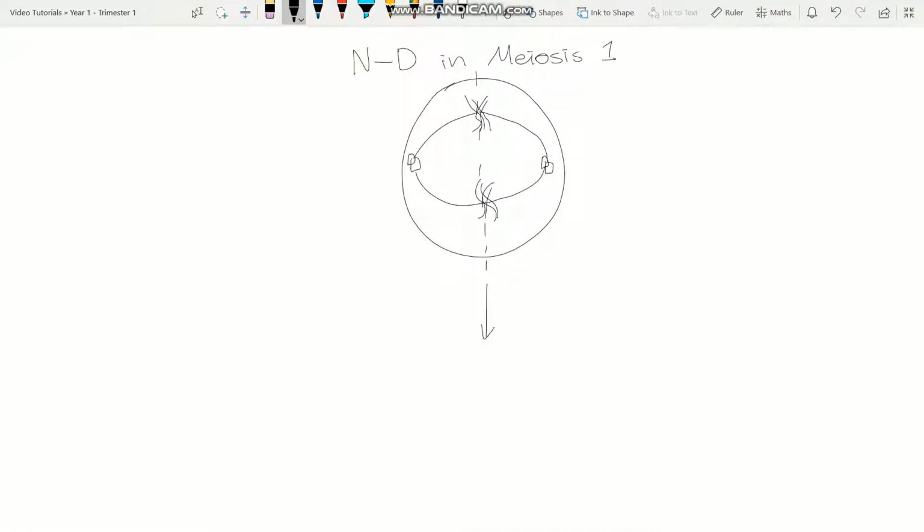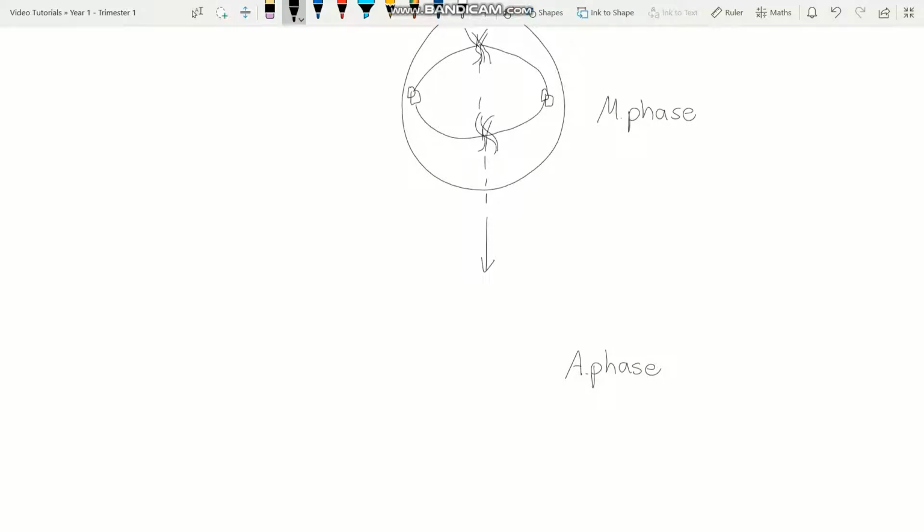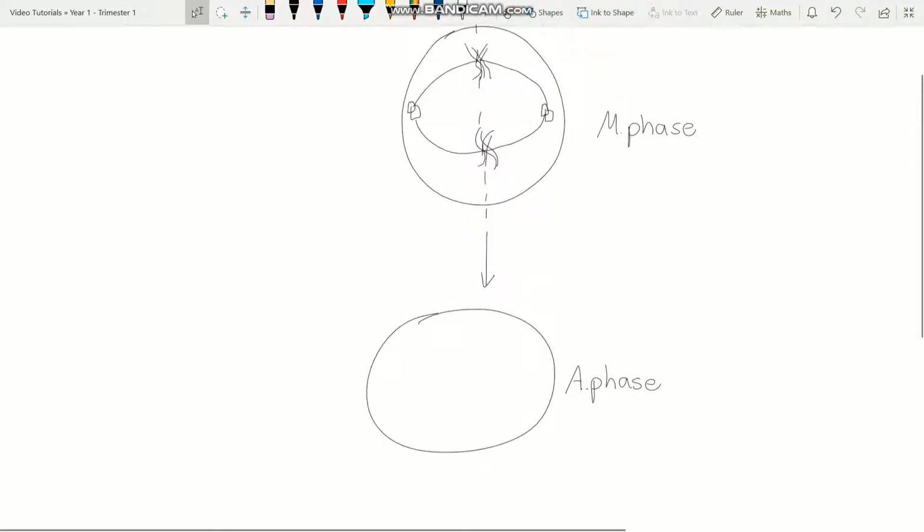So after metaphase, which I'll abbreviate to M phase, and in anaphase, which I'll call A phase, one of the chromosome pairs will essentially stick to one another. So in terms of this chromosome pair at the top, let's say that separates properly. There's no problem there.